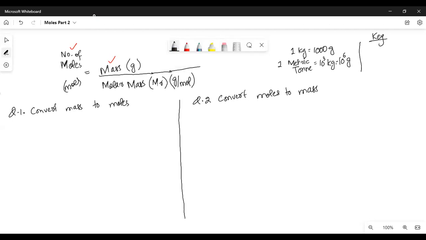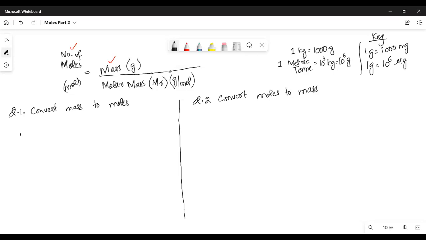Both mean the same thing. 1 gram is equal to 1000 milligrams, or 1 gram is equal to 10 raised to power 6 micrograms. This is something you need to remember by heart because the unit conversions are not given in exams.